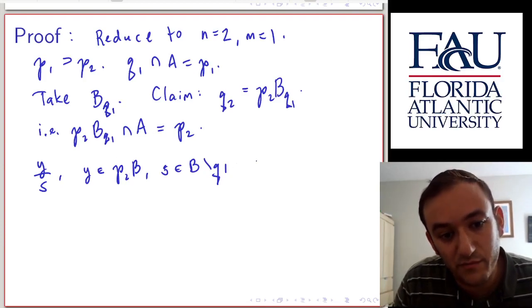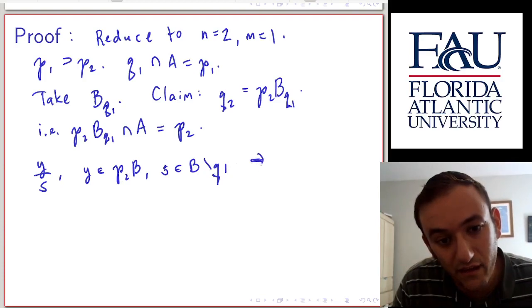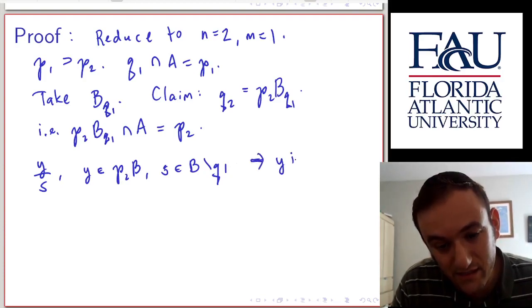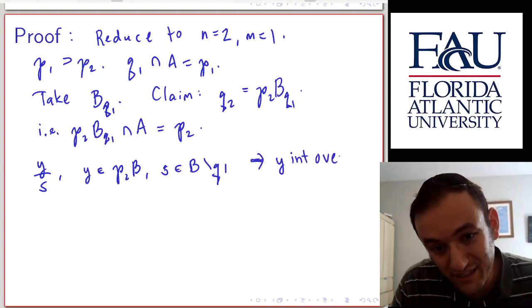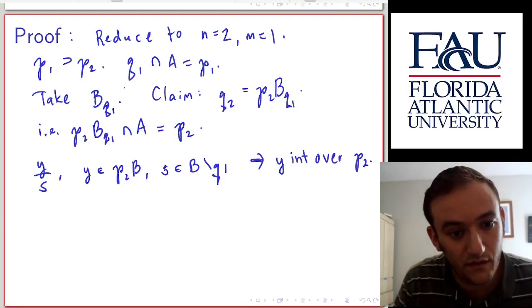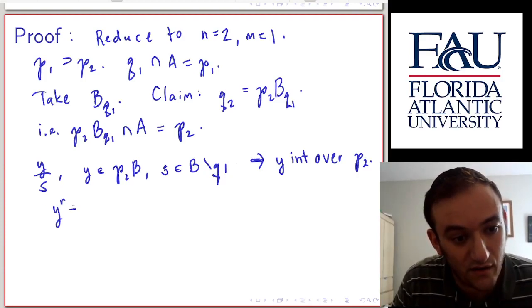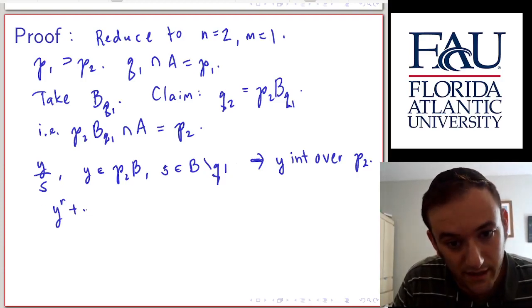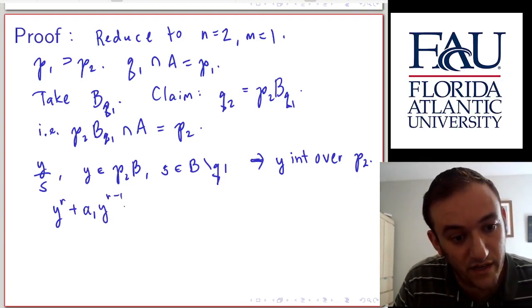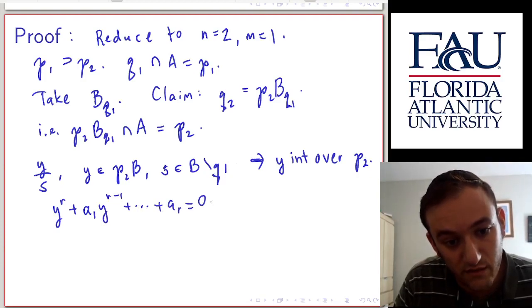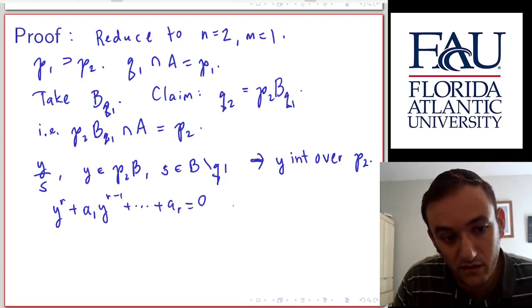So that means in particular for y, that y is integral over the ideal P2. So what that means for y is that y to the r plus a1 y to the r minus 1 up to ar equals 0, where ai is in P2.